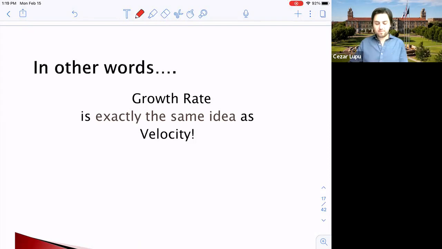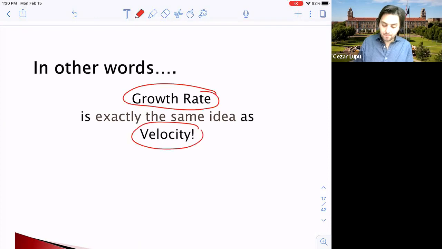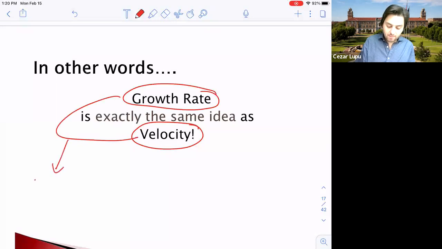So both growth rate and velocity will involve derivatives. So both of these will involve what we'll call derivative.